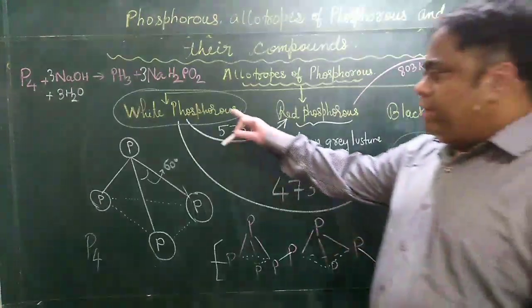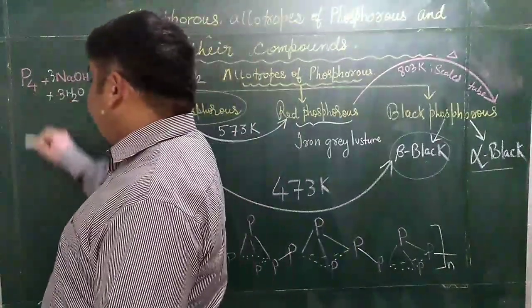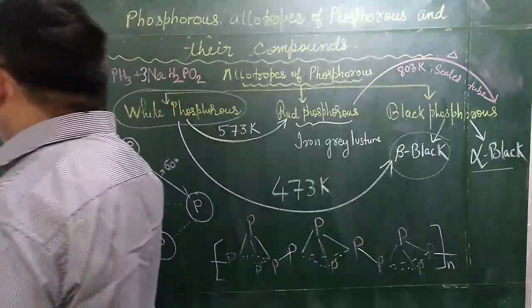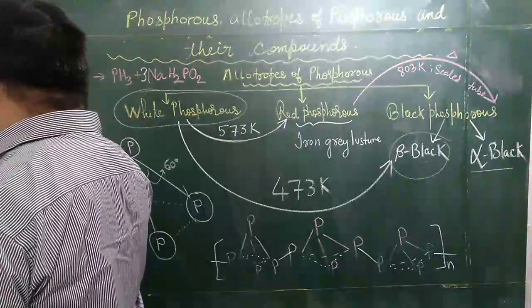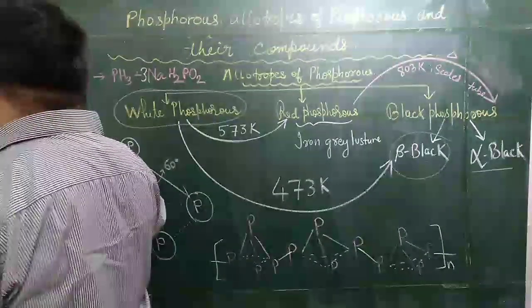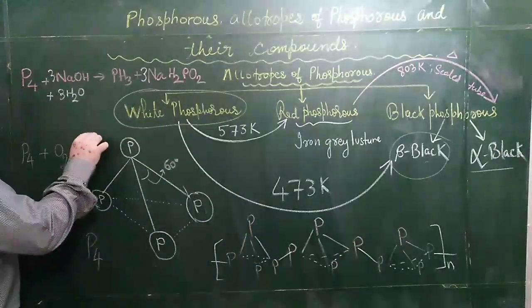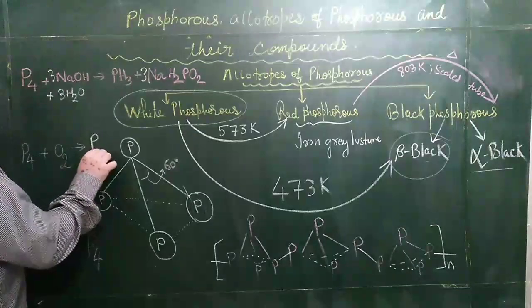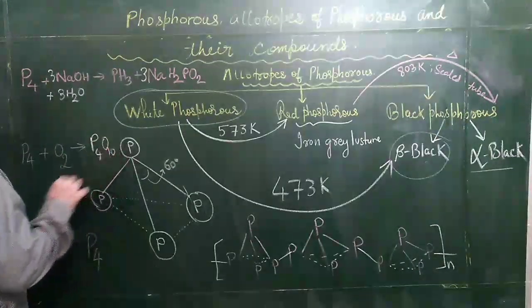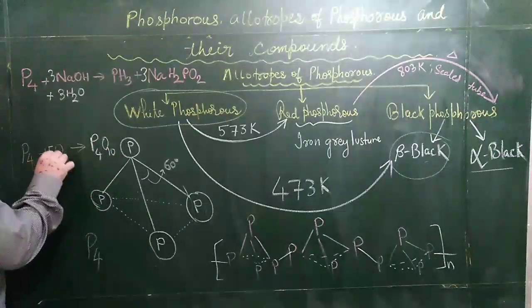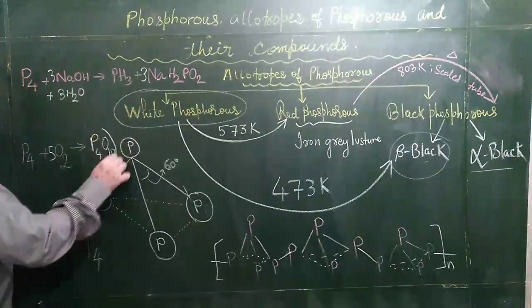White phosphorus is quite reactive. It is very reactive. When it is put in water, it reacts with oxygen and gives chemiluminescence. P4O10 molecule is formed. So it is highly reactive.